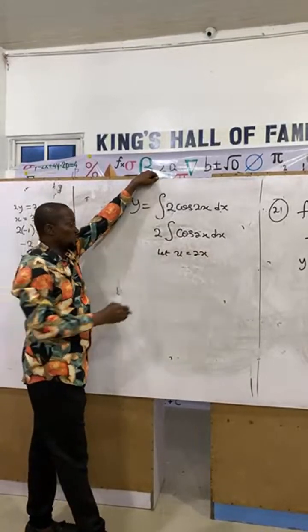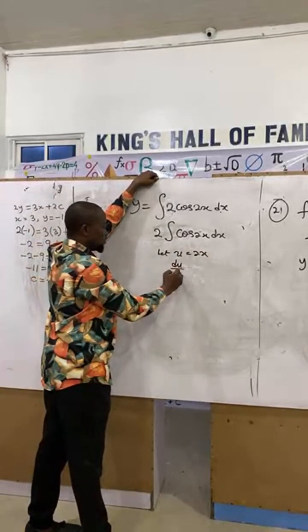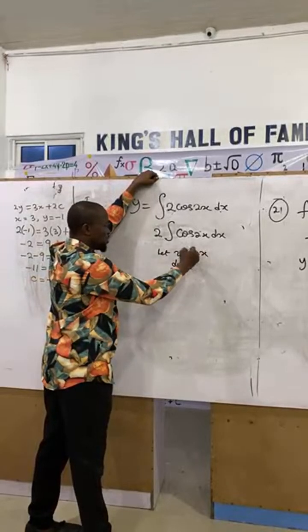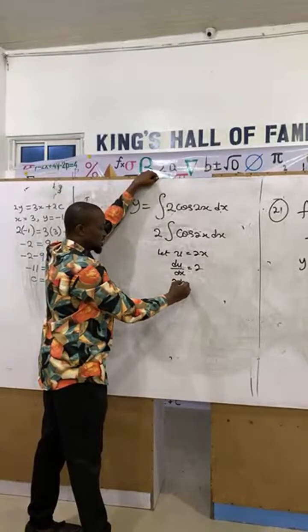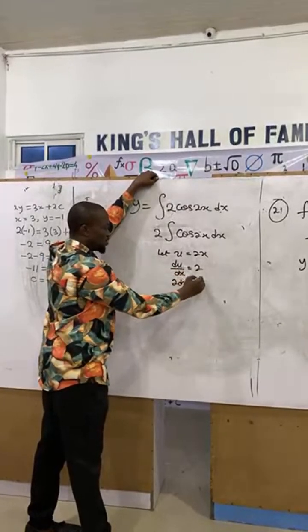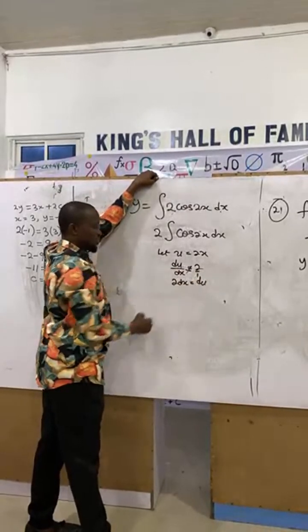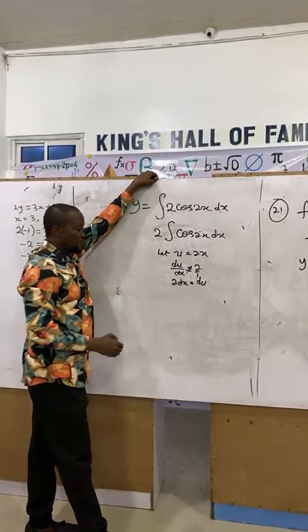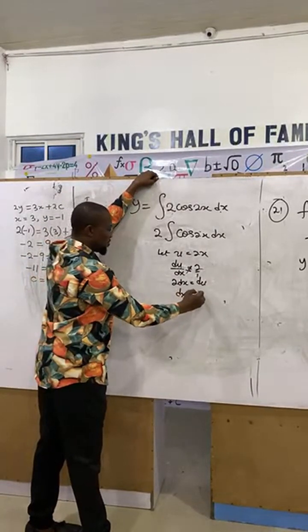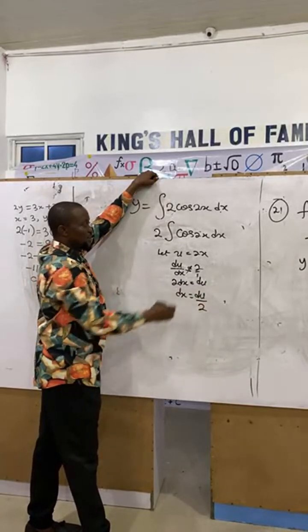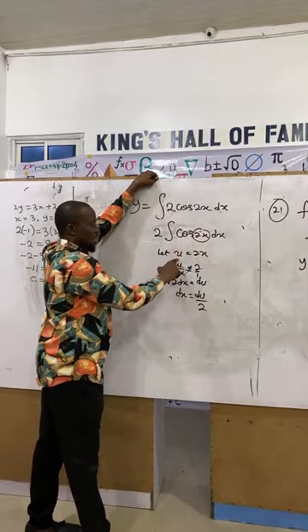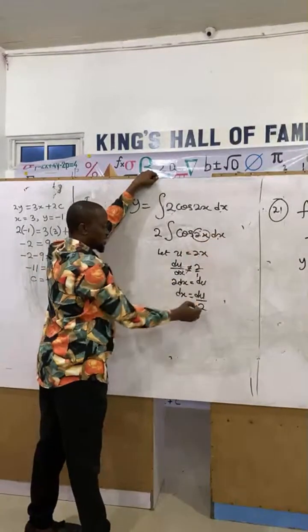So I say u equals 2x, which means that du over dx equals the derivative of 2x, you have 2. So therefore my 2 dx will now be equal to du, if I cross multiply. So therefore my dx will now be du over 2. So in that case, whenever I see 2x, I put u. Whenever I see dx, I put this.